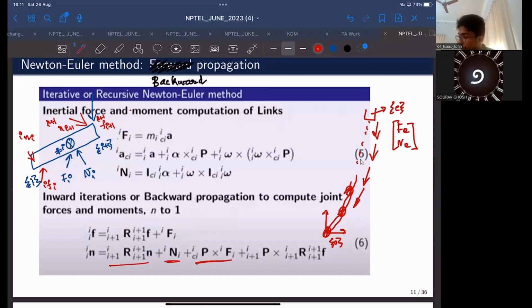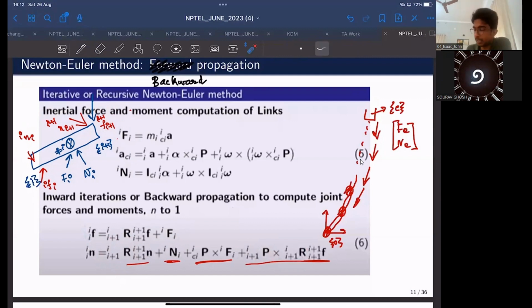And the moment contributed by the forces on the I+1 frame: this distance, denoted by I P I+1, cross this force, that is this term. But if we are applying the correct reference frame, we have to pre-multiply it with the correct rotation matrix. Wherever it is applicable, it will have to come.